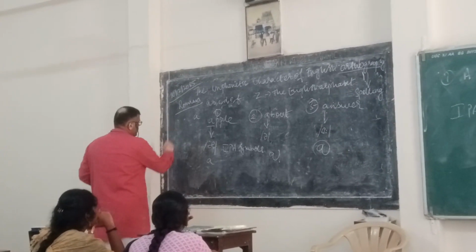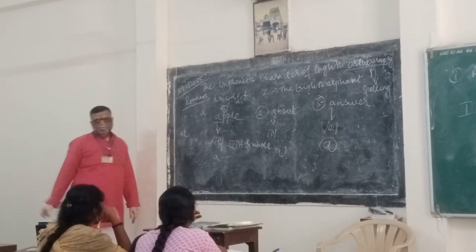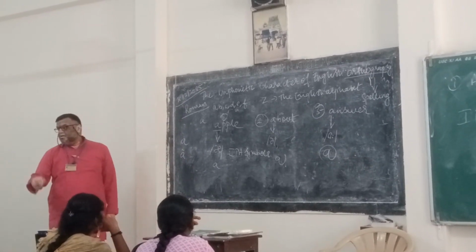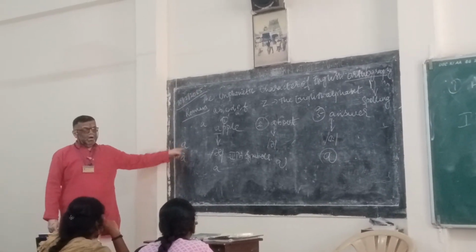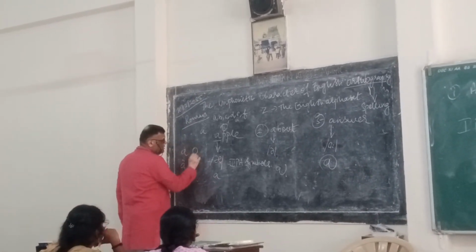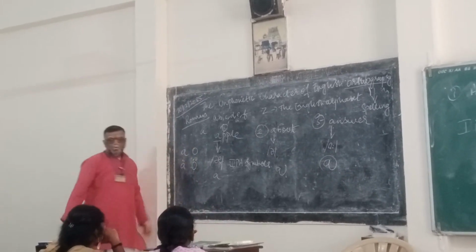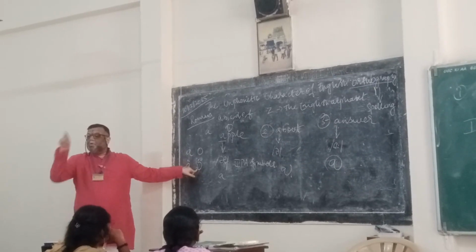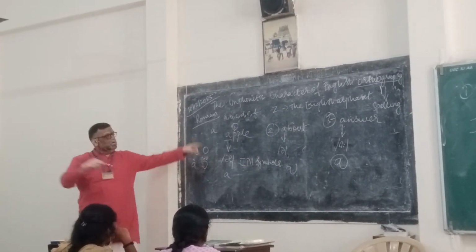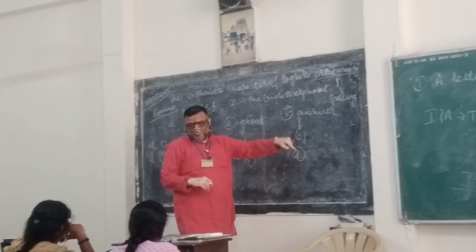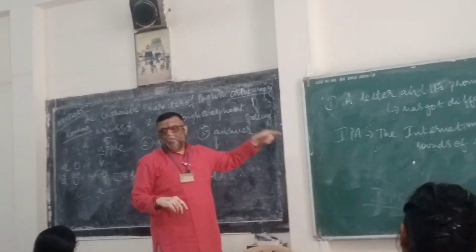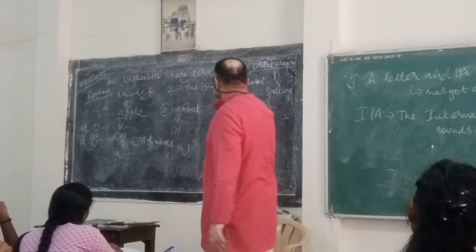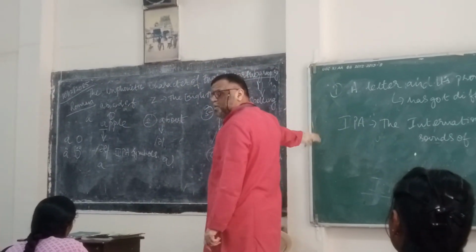This is A. But this is A. Similarly there will be O, with two dots on top here. This represents a particular sound. So the problem is that in the English alphabet you do not have enough letters to represent the number of sounds. That is why we need the help of IPA to understand this.